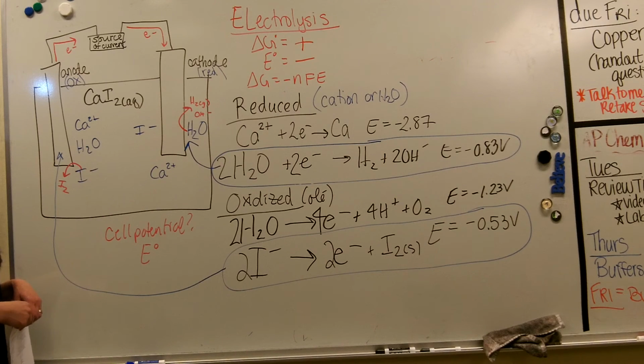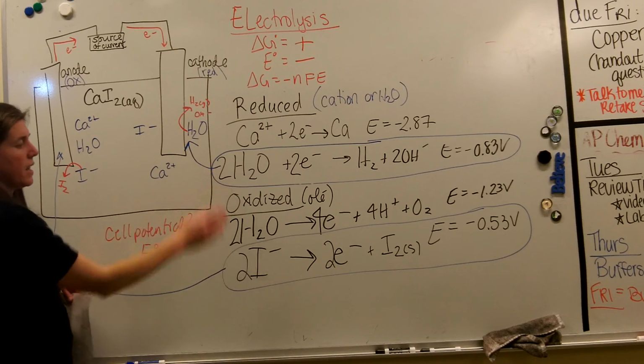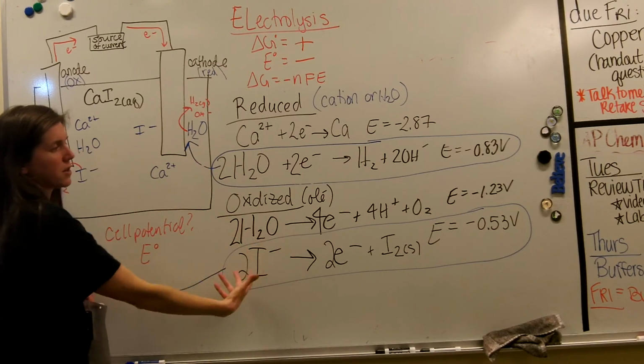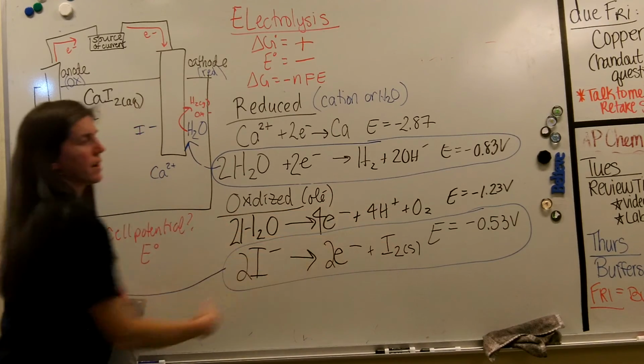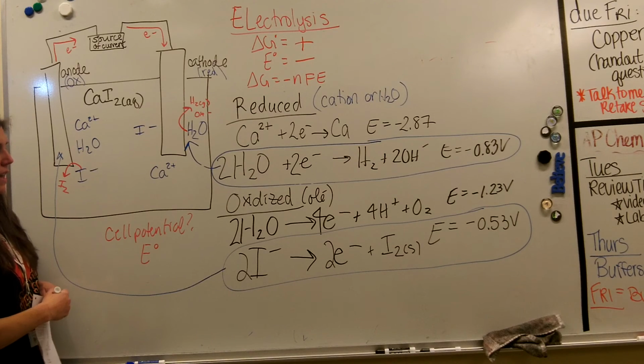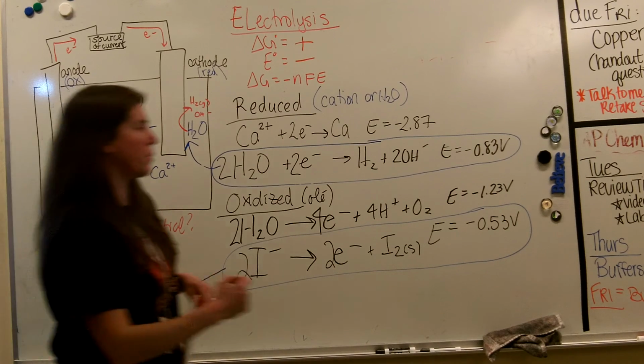And then if you wanted to find the overall cell potential, I would just add up these 2 values. Again, notice I've already flipped this reaction around and flipped the sign around, so I'm just going to add them up as written. And that will give me the voltage for the overall process.